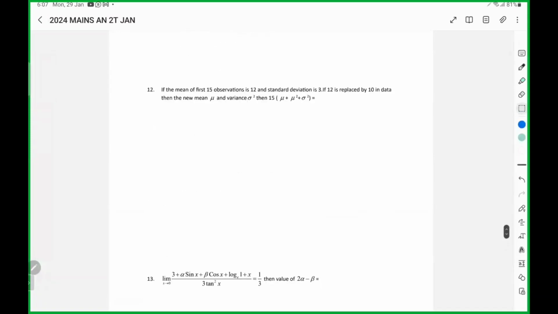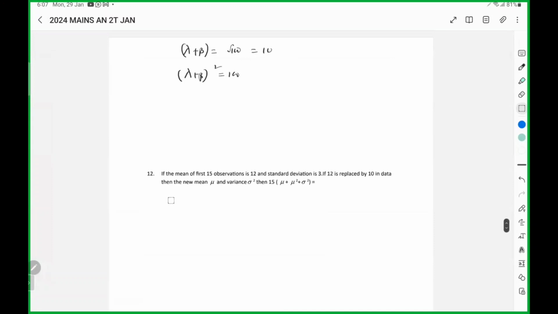Here, given in this problem, the mean of the first 15 observations is 12 and the standard deviation is 3, so the variance is 9.